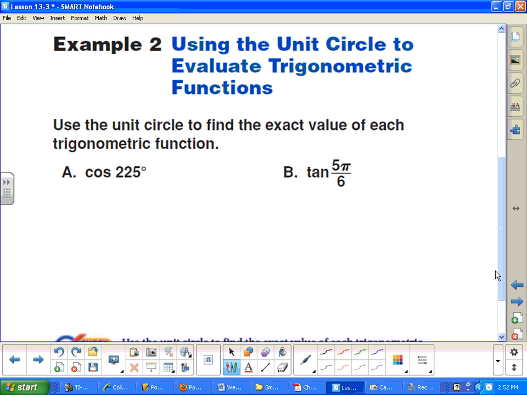They want us to use the unit circle to find the exact value of each trigonometric function. Cosine of 225. So find 225 degrees on your unit circle.